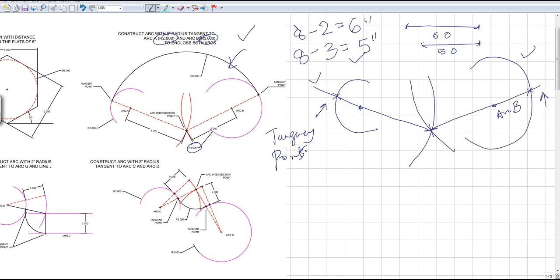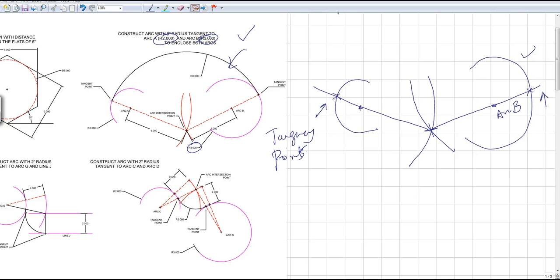Now that I found my tangency points, to complete the exercise is really simple. All I have to do is put my compass sharp edge on this side, which is right here. The pencil edge, I will line it up with here, and draw an arc connecting both the tangent points.